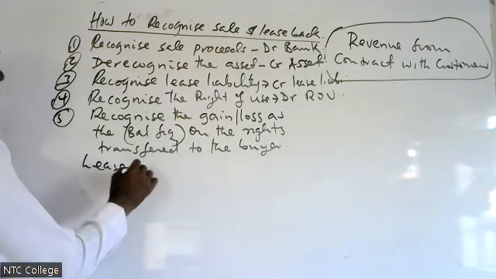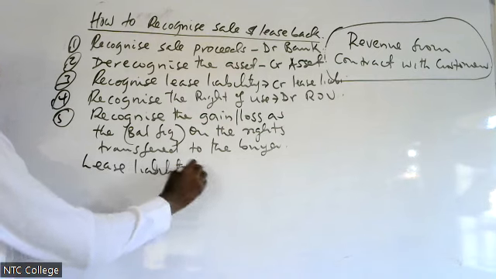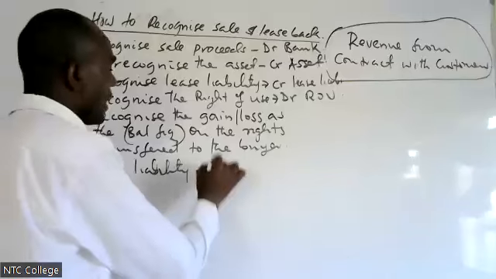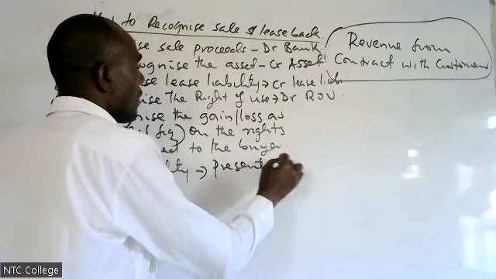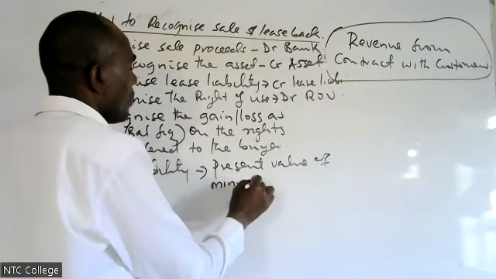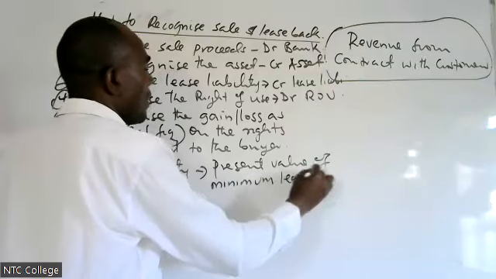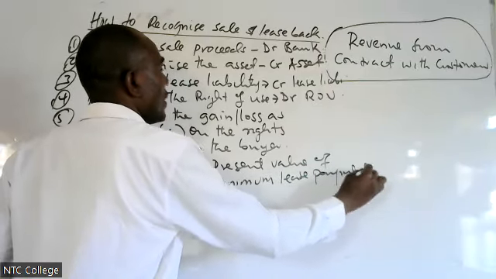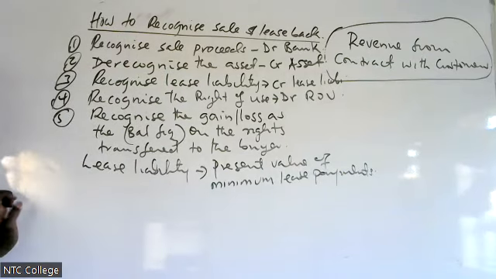Lease liability, of course, will remain the present value of minimum lease payments discounted at the implicit rate in the lease. It will remain like that.